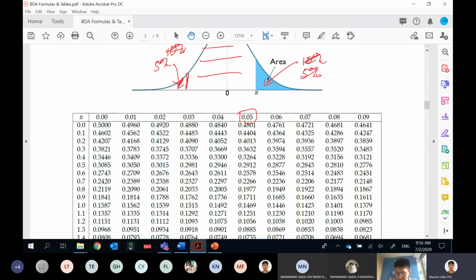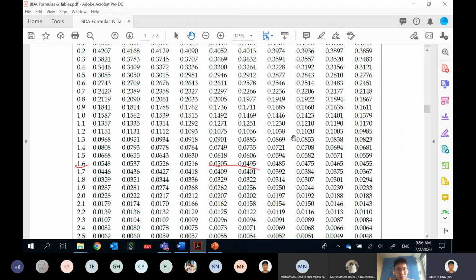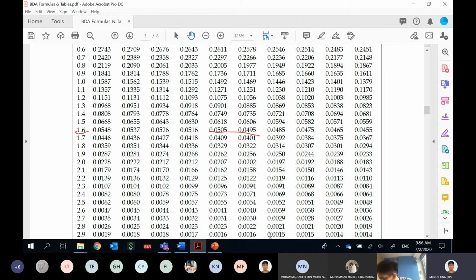Okay, so let's go to the table. So this region, what we need is 0.005. So we find 0.005. Where on earth do we get 0.001, 0.004, 0.0047, 0.005. 0.005 will be here.